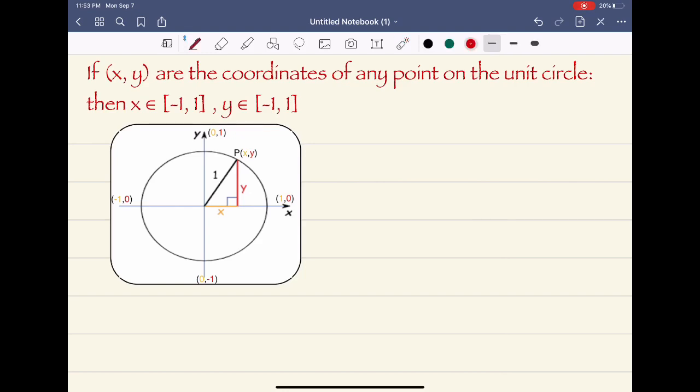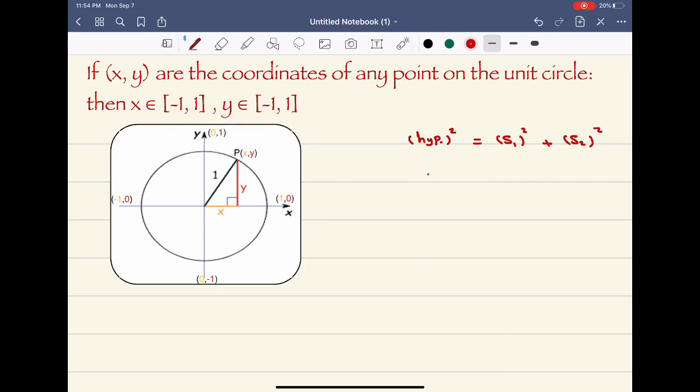Therefore, from the Pythagoras theorem, we know that hypotenuse power 2 equals side 1 power 2 plus side 2 power 2.